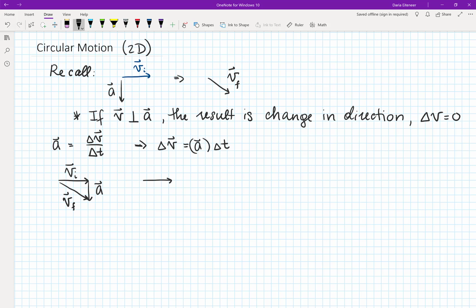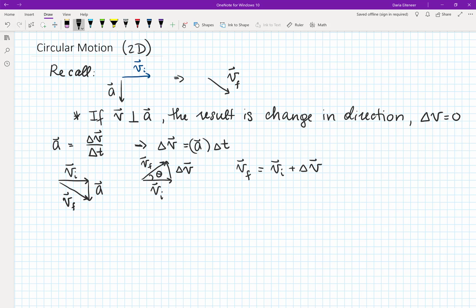It's not quite perpendicular. Oops. So mostly kind of like this, with angle theta here. And then this is delta v, where we're saying that v final vector is equal to v initial vector plus delta v vector, right?